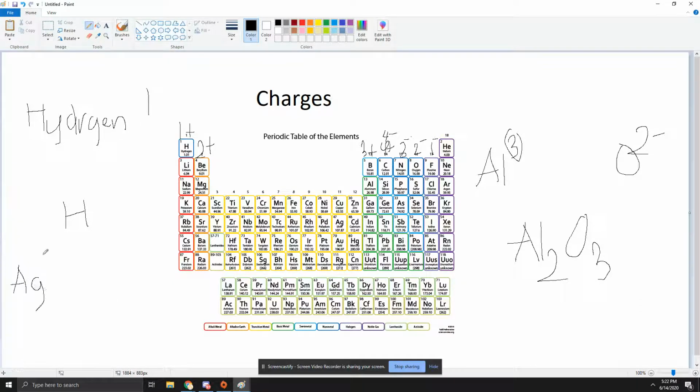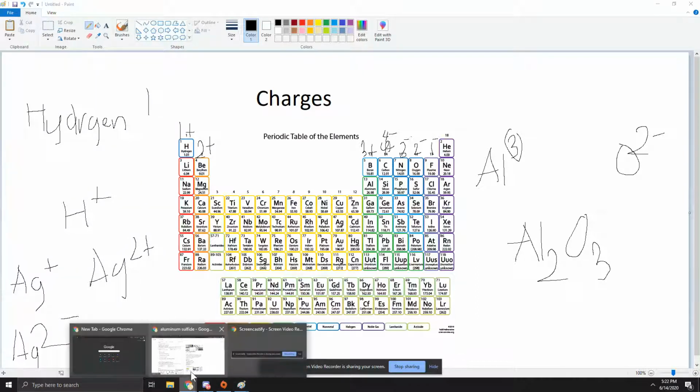It could be one charge, so plus, or two. It could even be, let's say, two negative. So that's kind of how transition metals work. The charges can be almost any number. So yeah.